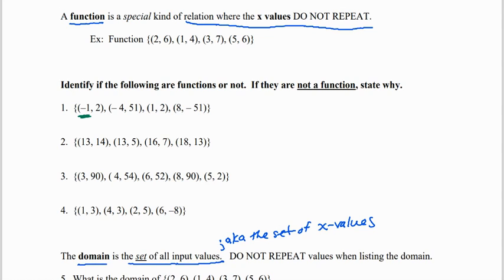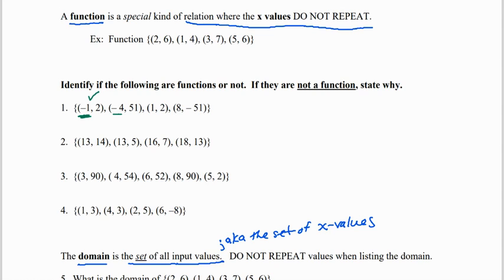Is -1 showing up as an x value again? Which ordered pair? Never mind. We see -4, +1, and 8, but -1 is not showing up as an x value. So that one is totally fine.